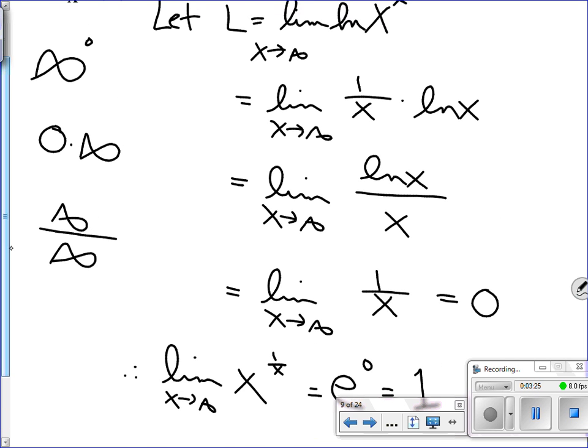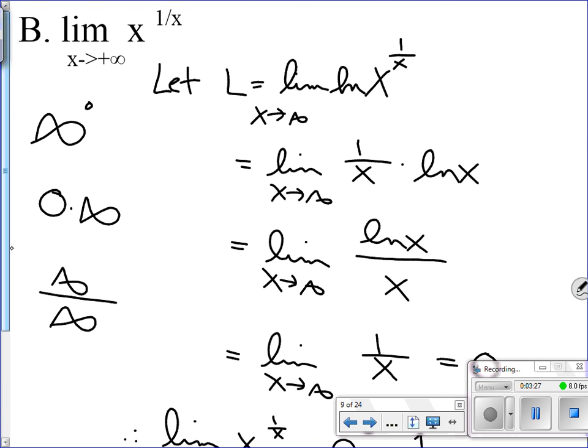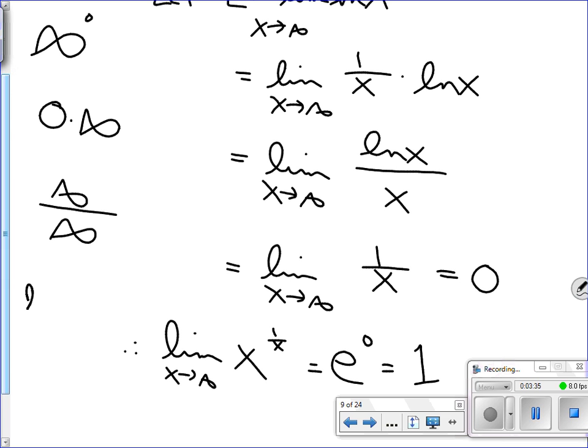Okay, because we found what was going on with the exponent on e. When you take the natural log of any number, you're figuring out what exponent you have to raise e to get that number.